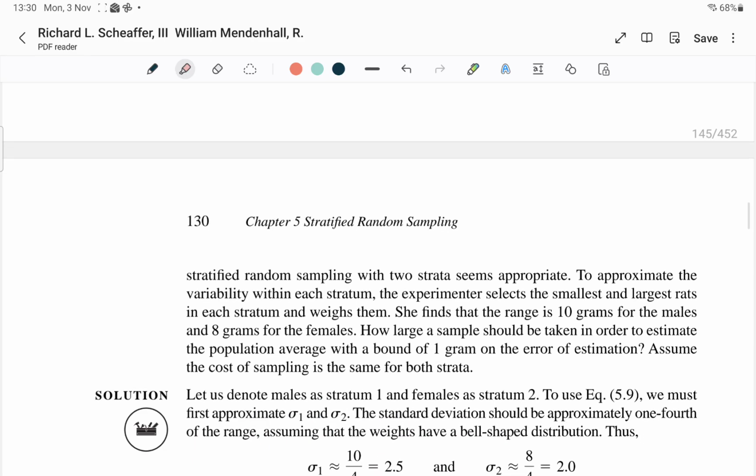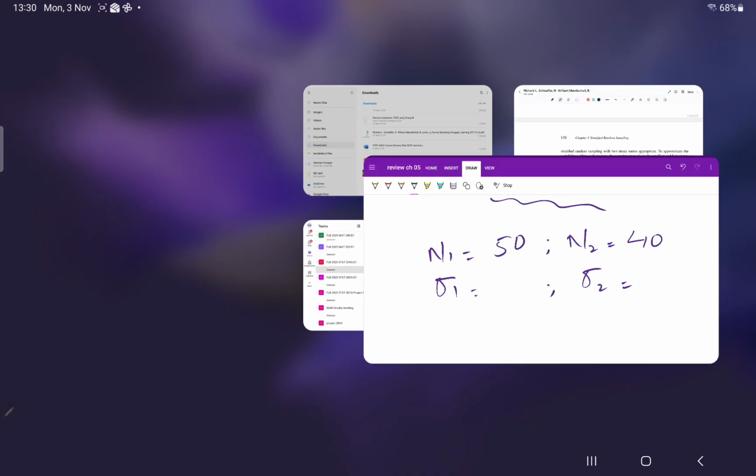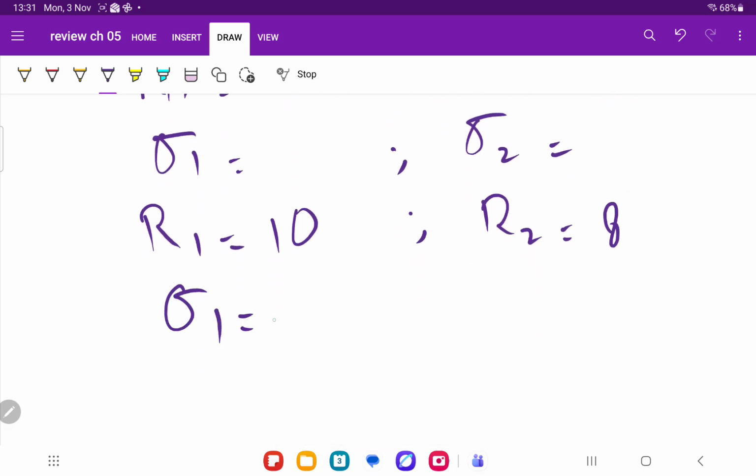Now we could see that the range for the male is 10 grams, and 8 grams for the female. So range R1 is 10 and R2 is 8. Sigma 1 is basically 10 divided by 4, because if the range is divided by 4 you will get sigma, and range 2, which is 8 divided by 4, gives you sigma 2.